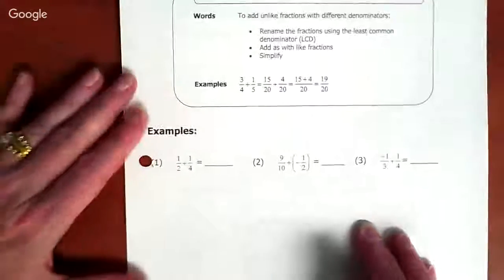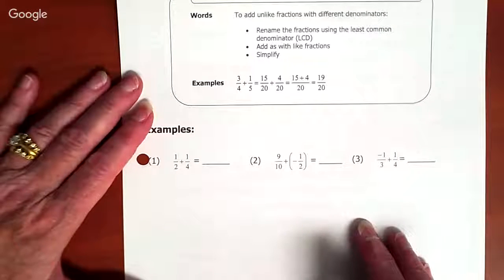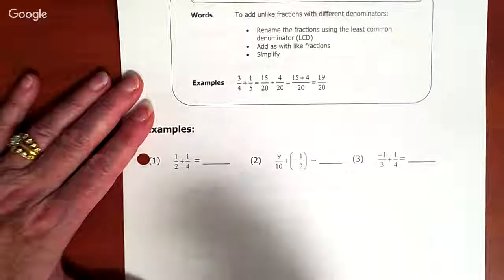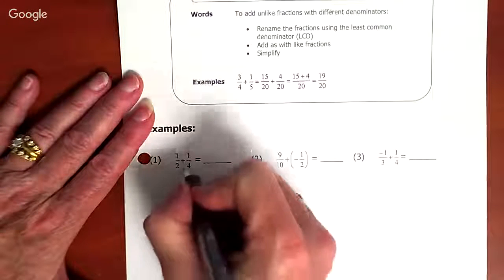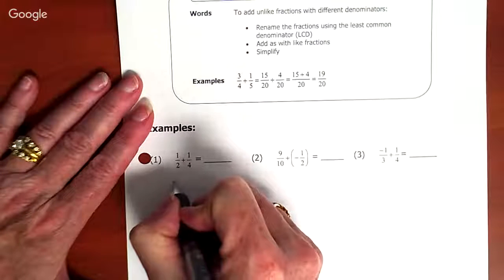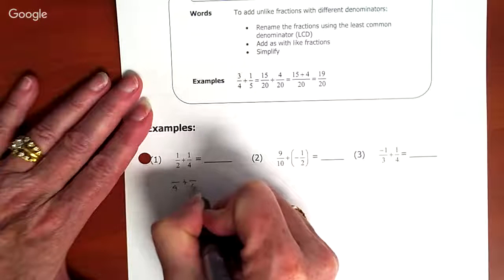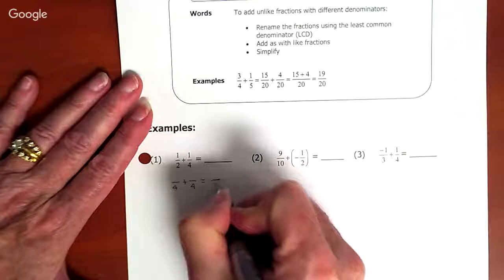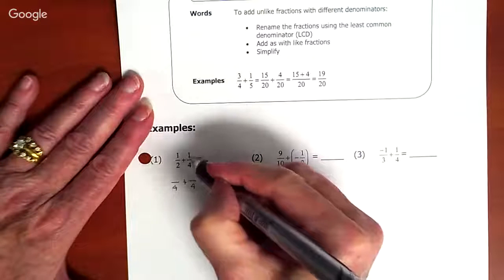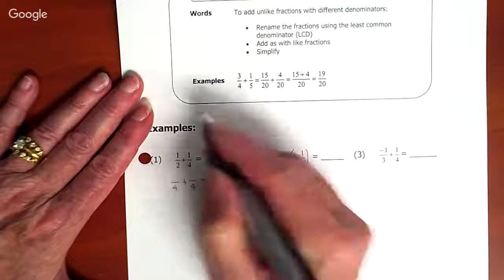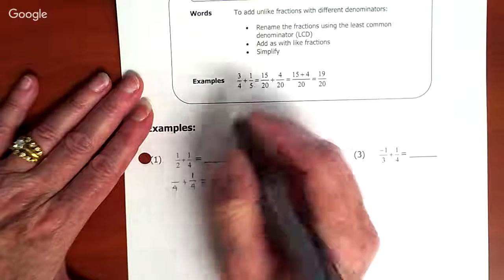Adding unlike fractions. Well, we make our denominators the same. When I do that, I will make them the same right through to our answer. Our like denominator here is 4, so I will make it 4 right across. Here, because our 4 is already a 4, I'm just going to bring the 1 down.